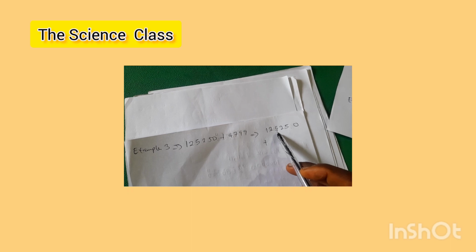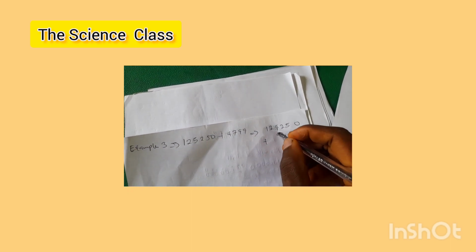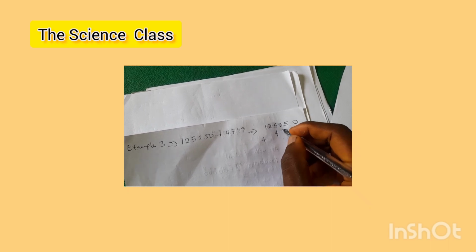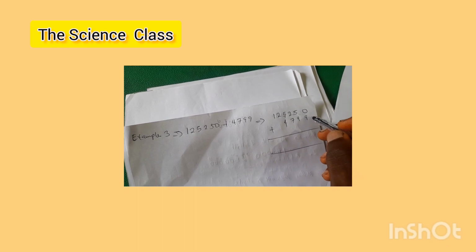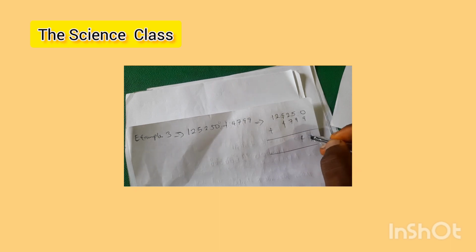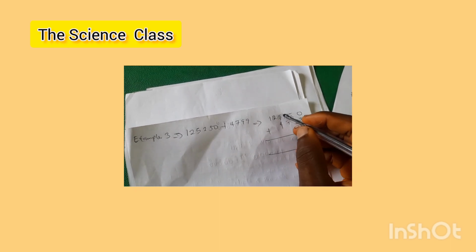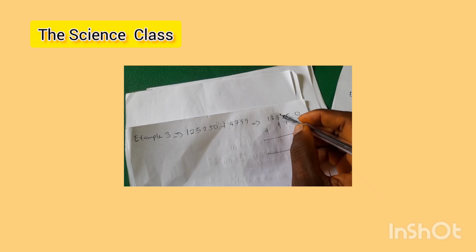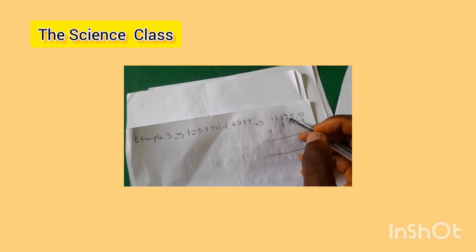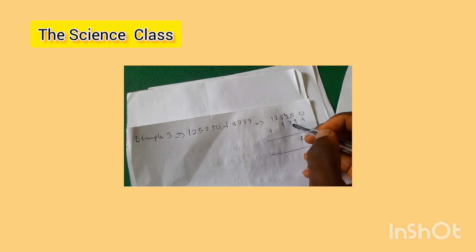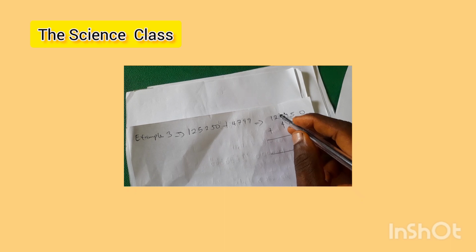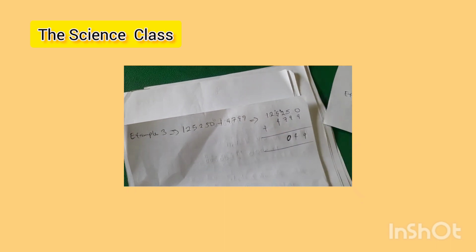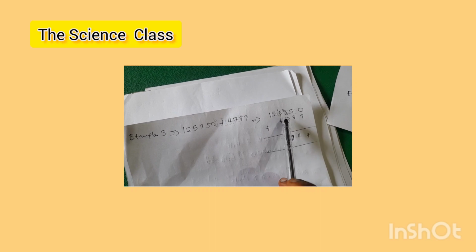The first number here, the 4, will be underneath the 5. Then this is 7, 9, 9. So you add 0 plus 9 is 9. 5 plus 9 is 14. Then you write 4, carry 1 and add it to this 2. This 2 plus 1 makes 3. 3 plus 7 is 10. You don't write the 10, you write only 0 and carry 1. That 1, you bring it in front of 5. Then 5 plus 1 is 6.